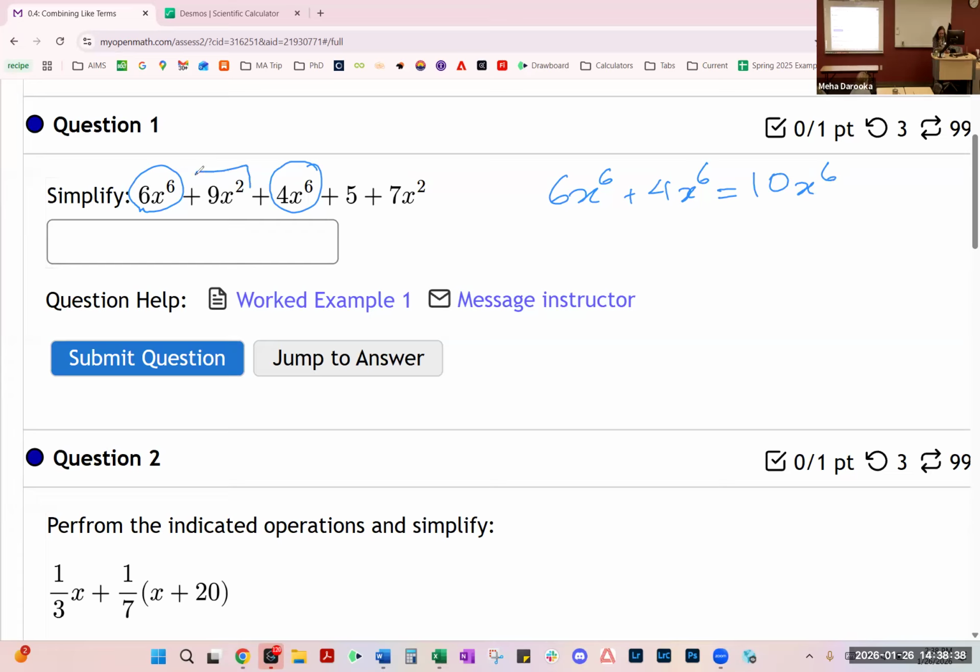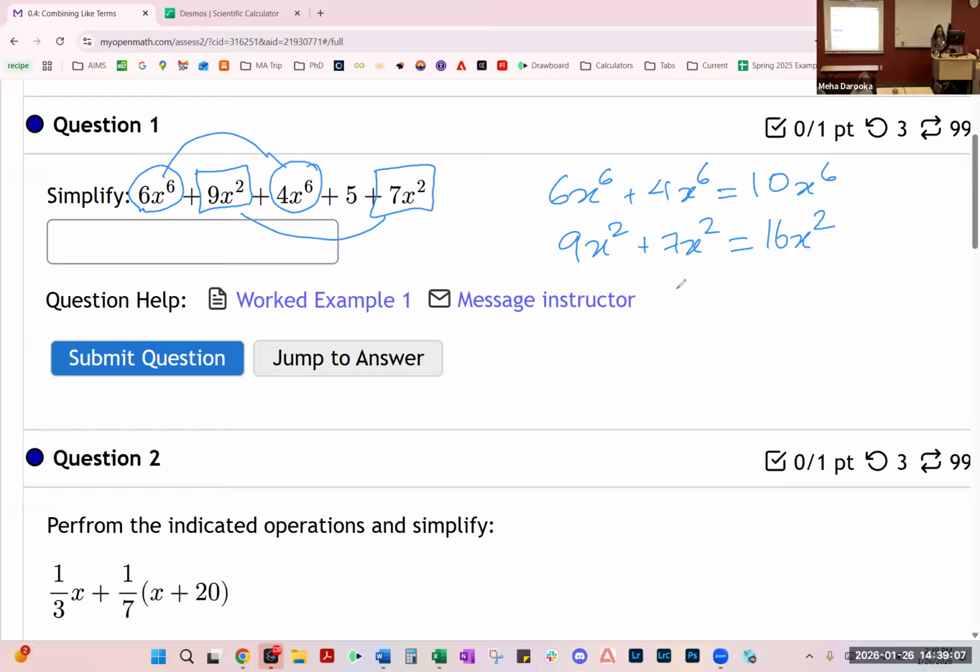So 9x squared and 7x squared, because again, you have both of them with x squares, so you can combine them together. So 9x squared is also positive, 7x squared is also positive. So what are we looking at as a combination here? 16. Perfect, 16x squared.